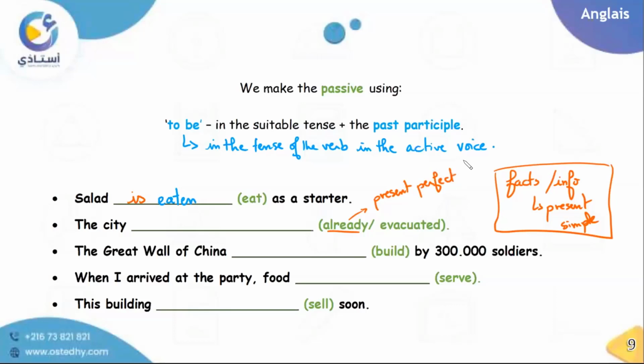So if you don't have an auxiliary, you put the adverb already after the verb. If you have an auxiliary, you need to put it between the auxiliary and the past participle, or any other verb, or verb plus ing, whatever. So just after the auxiliary.